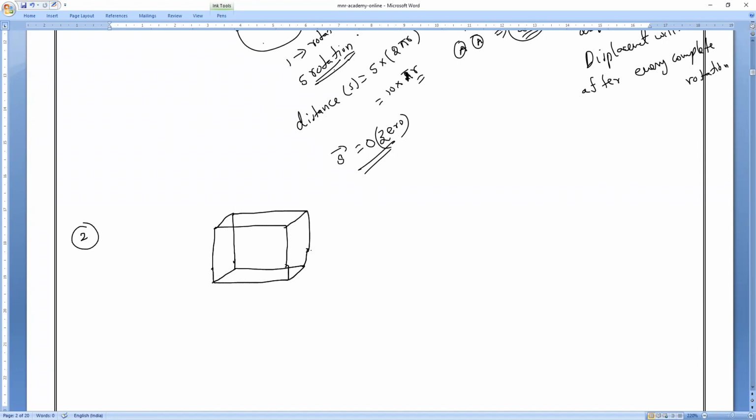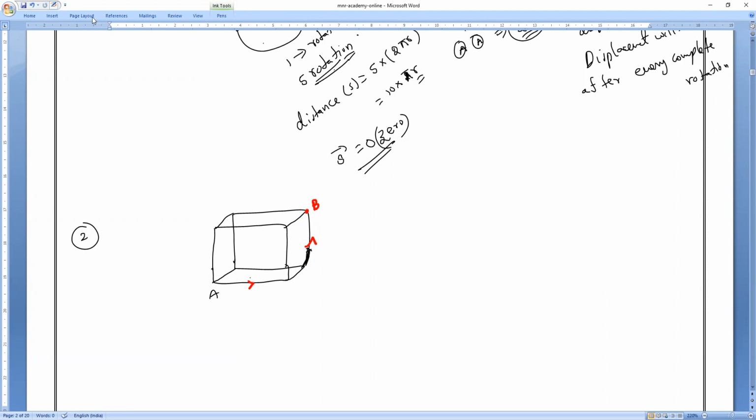Now observe very carefully. I started from point A and I reach somewhere here, point B. Now tell me how I reached here. I will go here and I will travel here and then only I will reach point B. Is it yes or no, guys?